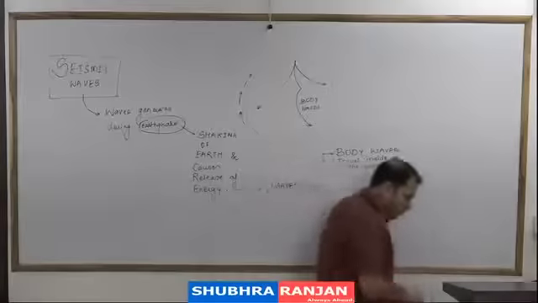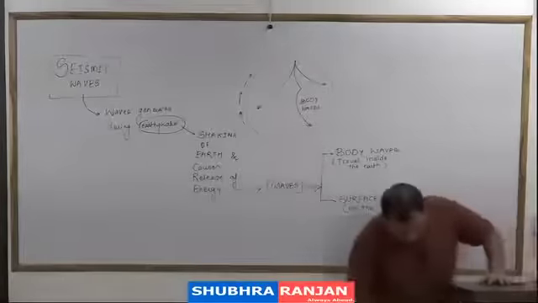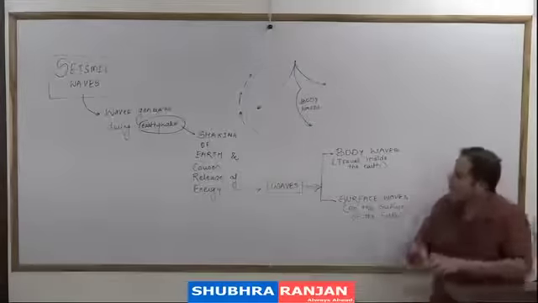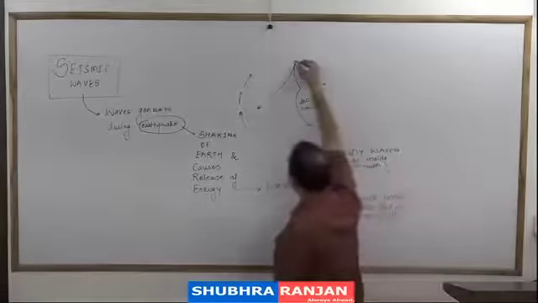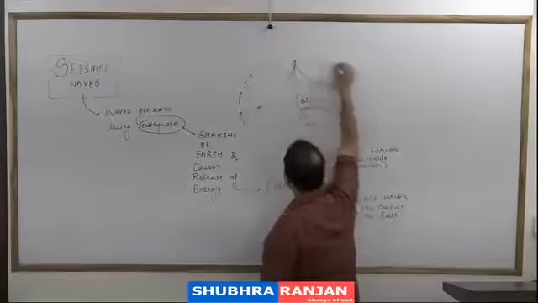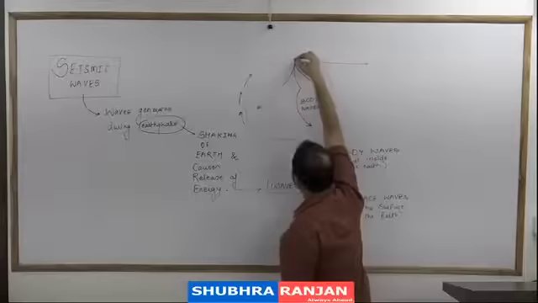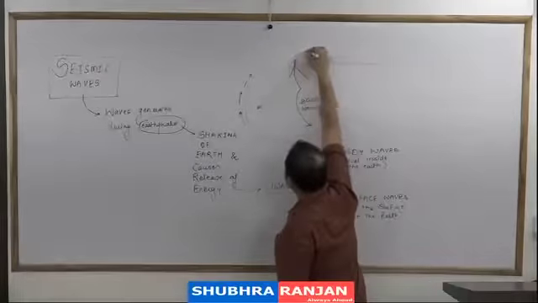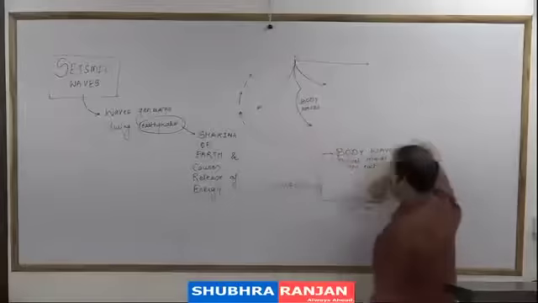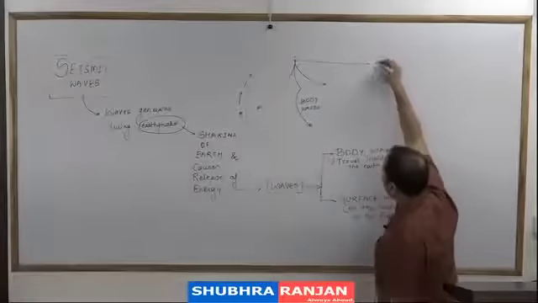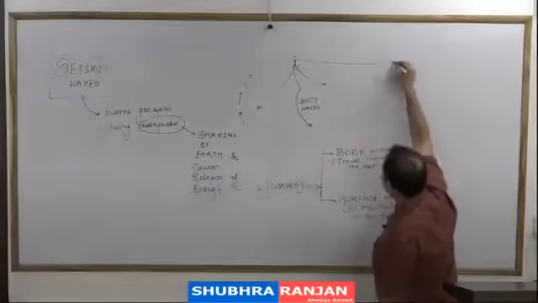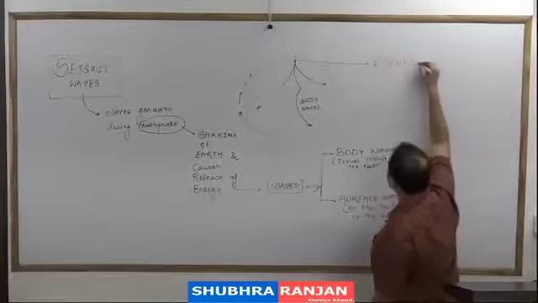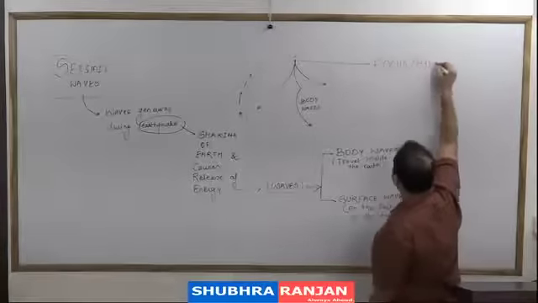Now, before we go to the seismic waves, there are 2 points which we should know in the earthquake. One is this point, which is located always inside the earth. What will you call this? And uske upar ek point hota hai. This is always on the surface of the earth. So this inside point is known as focus, or it is known as a hypocenter.